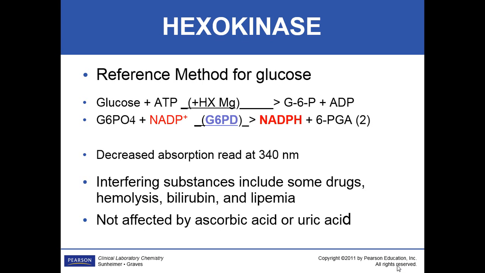Now, bilirubin and lipemia, we can't do anything about. You remember what those are? Where they come from? What causes them? An icteric sample is bilirubin. Anybody remember from, I think we talked about this in specimen processing last semester. Bilirubin is a breakdown product of your hemoglobin, and it's a metabolic disorder, so we can't fix it.